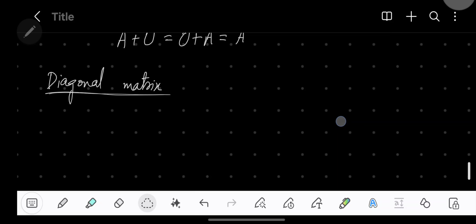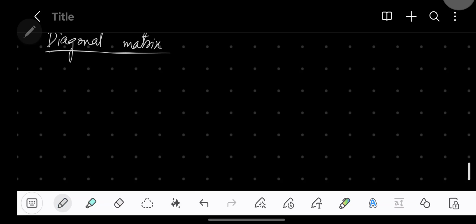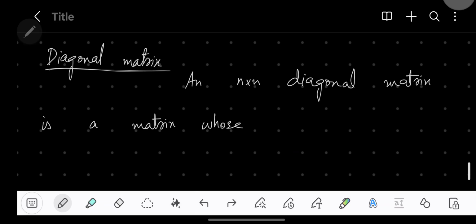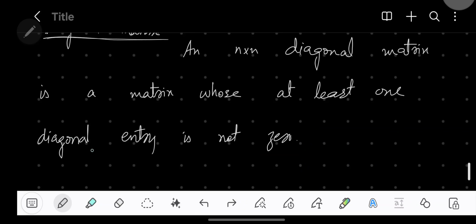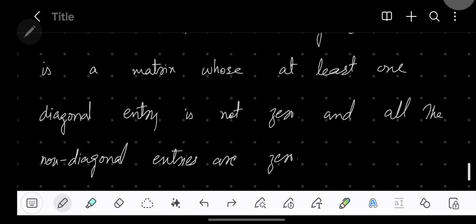So next we have a diagonal matrix. The diagonal matrix is also a square matrix, meaning an n by n matrix, in which at least one diagonal entry is not 0. I mean, in the main diagonal there is at least one entry which is not 0, and all the non-diagonal entries are 0. Okay, you can write the diagonal matrix D in this way.